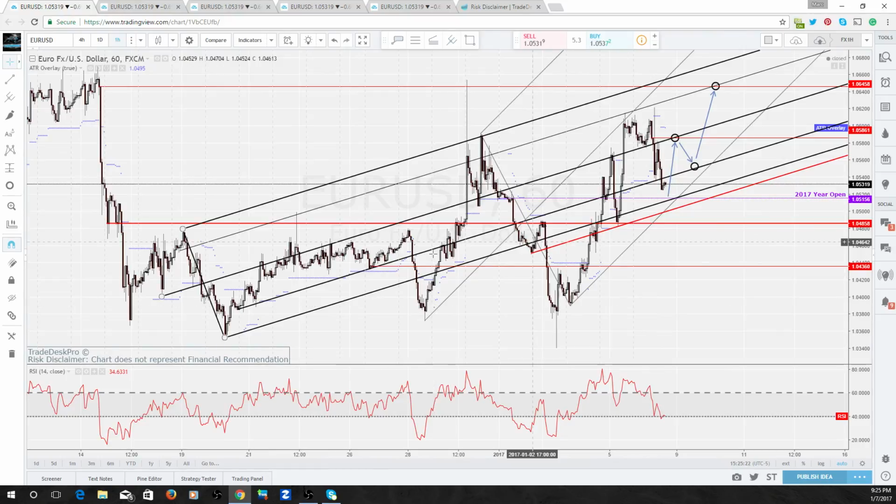Okay, so we're gonna ignore this, and I'm gonna keep focusing on this fork, because this is one reason, and the median line has had some interesting resistance points.